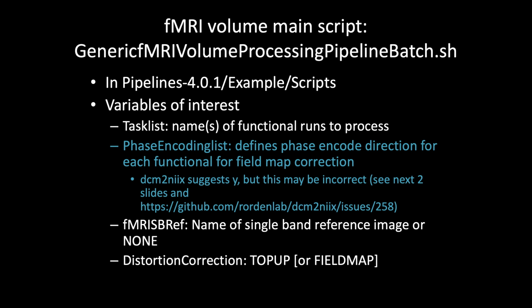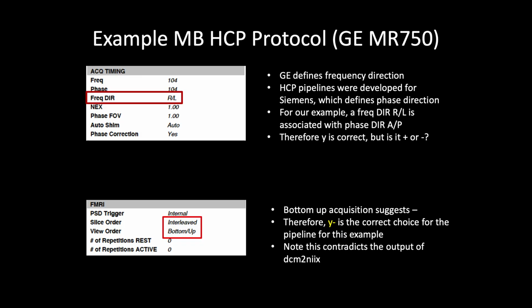Let's see, if you have a single band, you tell it you have it, otherwise you don't have to define it. And we're using topup for our distortion correction. So in talking about the phase encode, you can get that information to some extent.